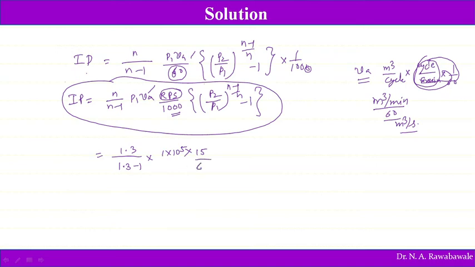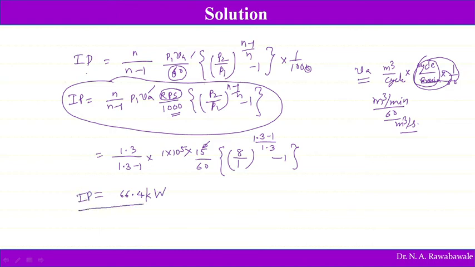So divided by 60, because we want to convert meter cube per minute into meter cube per second, into P2 is 8 divided by 1 to the power of 1.3 minus 1 divided by 1.3 minus 1. So on simplification we get this as 66.4 kilowatt. Indicated power is 66.4 kilowatt. So this is how we get the solution for the problem.